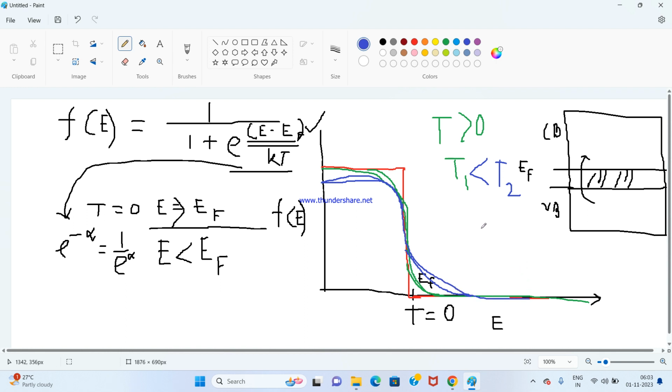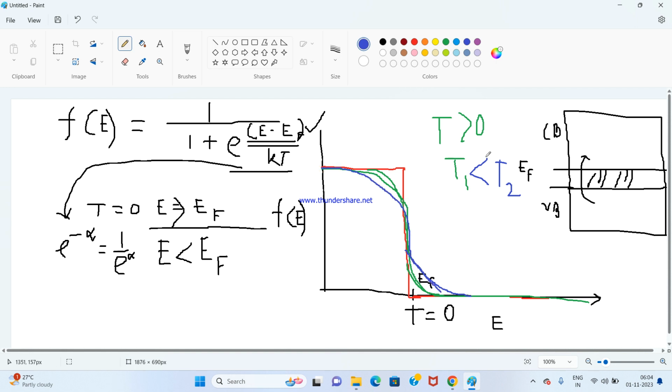Suppose some other temperature T3, which is again greater than T2, so you will get things like this.